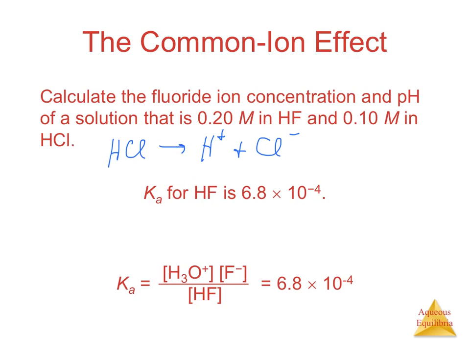And I also have to remember that since I know the Ka, I can write the Ka expression, which would be for the reaction. And I think that's an important thing to write out. A lot of people lose sight of what this reaction is.